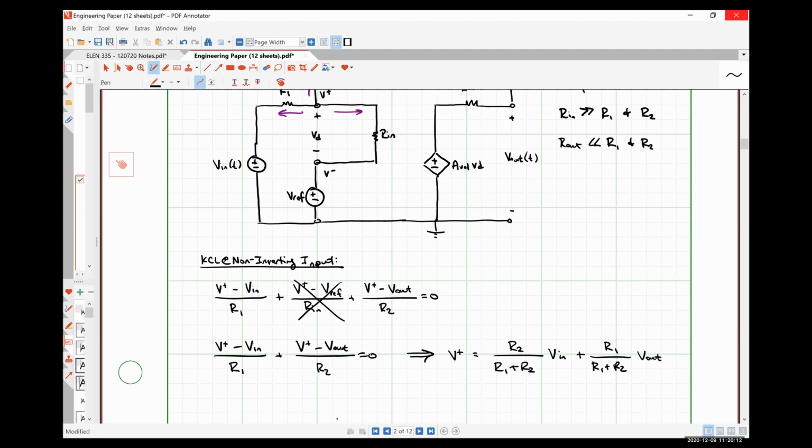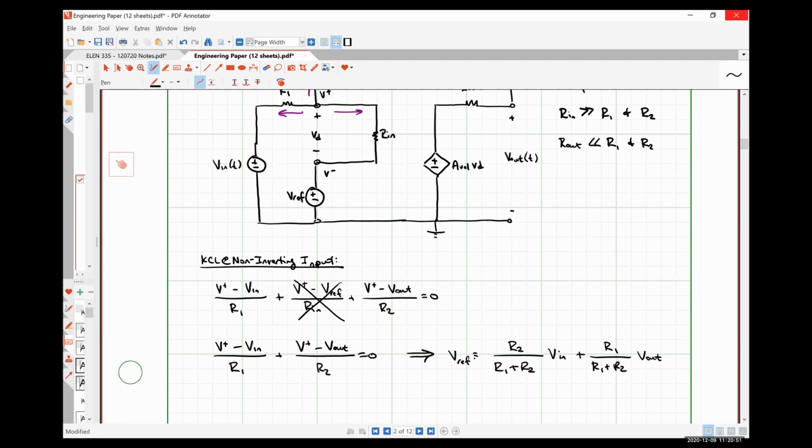If we say that this current is for all intents and purposes 0 as compared to this current flowing up, there should be no voltage drop over our input resistance, which means V plus and V minus represent the same quantity. So V plus is effectively really, really close to our reference voltage. So I'm going to alter this slightly and put V ref here. And this is our governing equation.